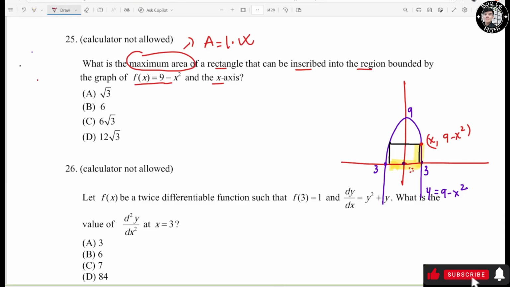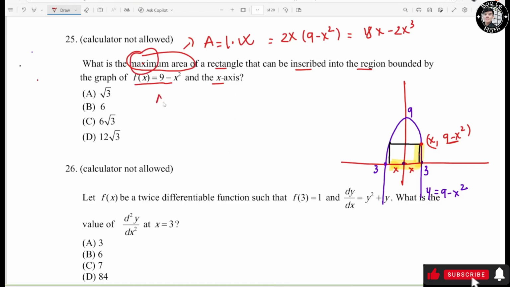So the length is going to be, this is s, this should be s, so we have 2s times the width. The width is right here, it could be 9 minus s squared. We distribute this one, it could be 18s minus 2s cubed. So when it comes to maximum or minimum, we need to take the first derivative.